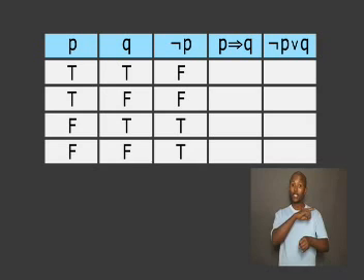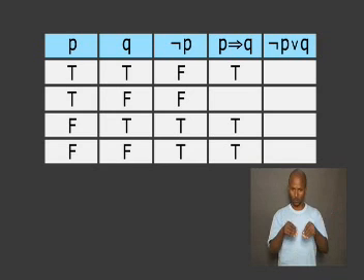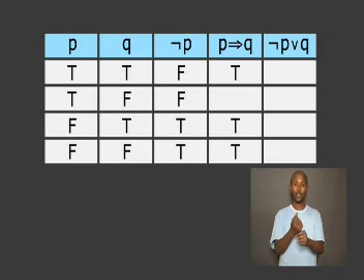The last two columns are a bit more complicated. If P is true and Q is true, then each compound statement has truth value true. This also applies if only Q is true, or if both P and Q are false.